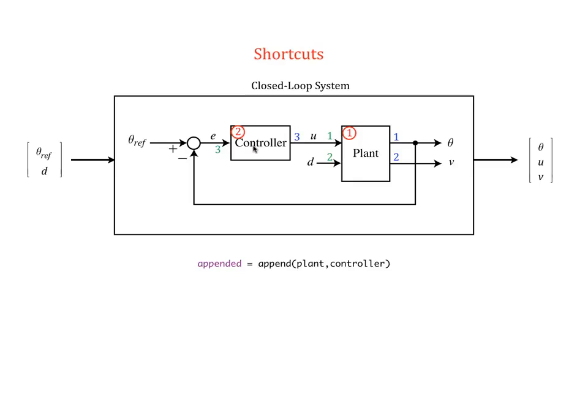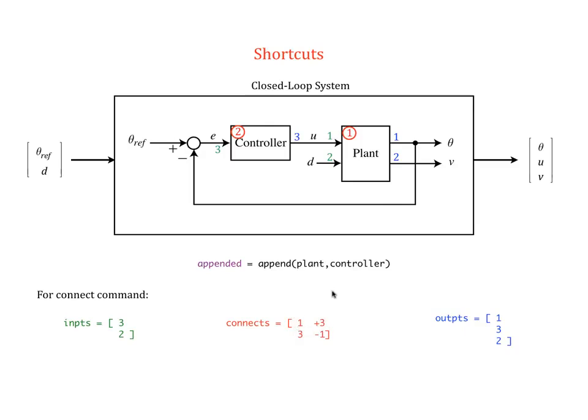So I've defined now my appended system, and from that, with a little careful thought, it's fairly easy to come up with the definitions for the inputs, the outputs, and the connects matrix. Just with a little pondering of this diagram, it's pretty easy to see. For example, we can see that for the connects matrix, we need to connect to the third input of the appended system the first output with a minus sign, and that gives rise to this row here.